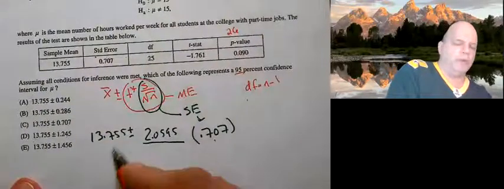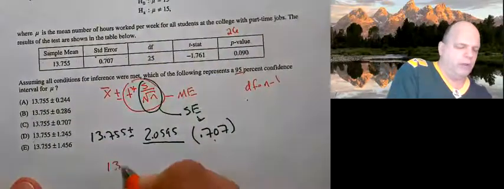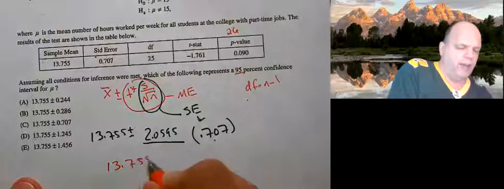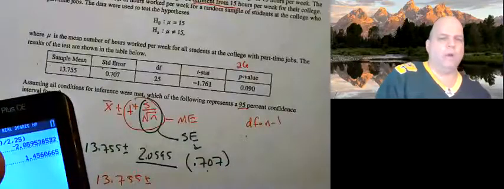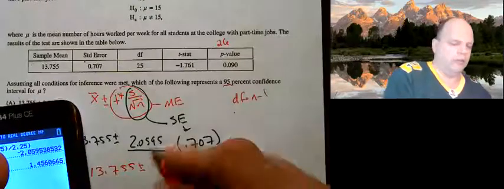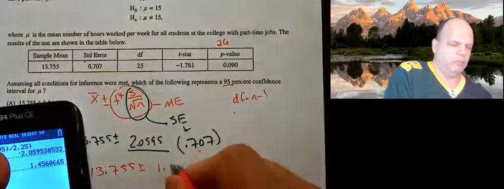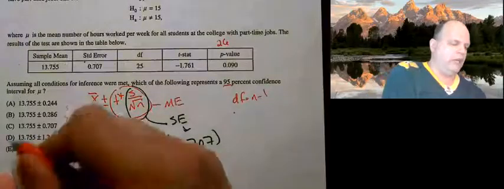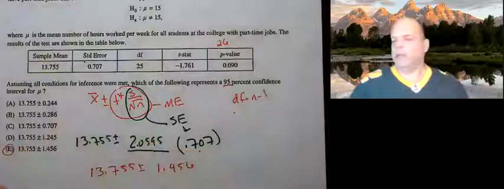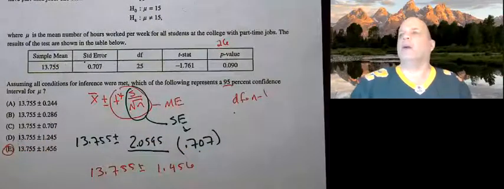So I end up with my final confidence interval as being 13.755 plus or minus 1.456. So E is my answer choice for number 10. All right, thank you.